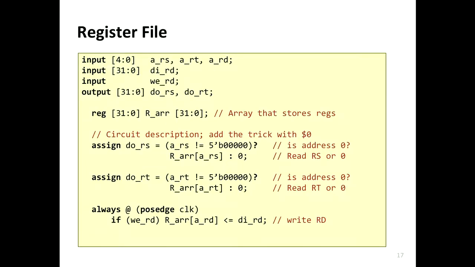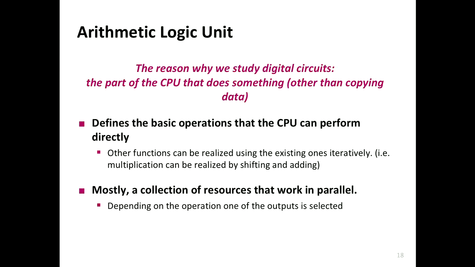So we have the register file. Now we need something that actually does the operations for you, which is the arithmetic and logic unit. It's the core of the MIPS processor. So the ALU basically does a whole bunch of operations, adding, sometimes multiplications as well.